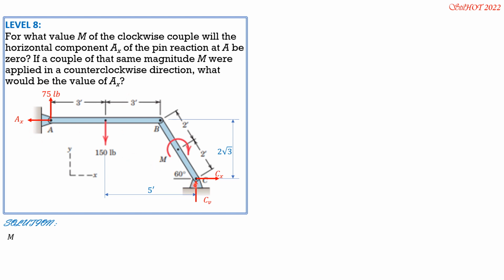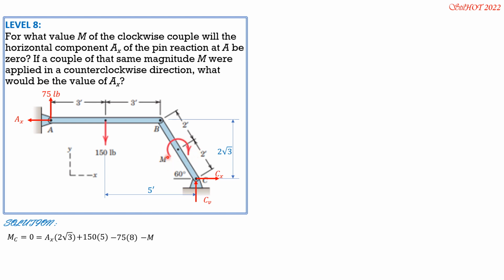So moment summation at C equals 0, counterclockwise positive. So we have AX times 2 square root of 3 plus 150 times 5. Then minus 75 times 3 plus 5 is 8. Then plus the couple or moment, which is, sorry, minus M, because this is counterclockwise.